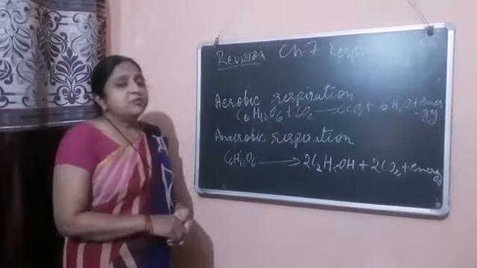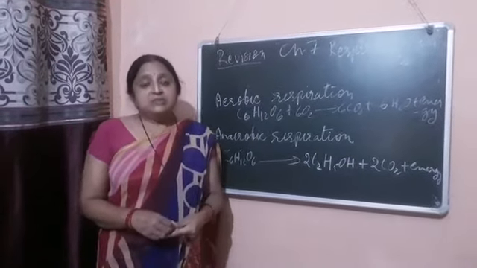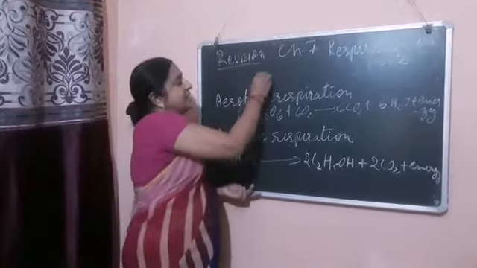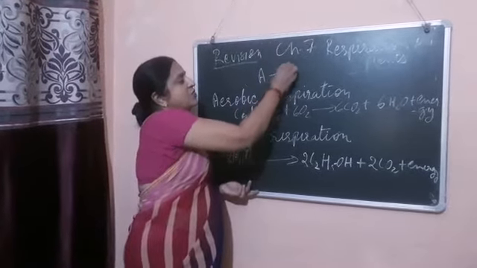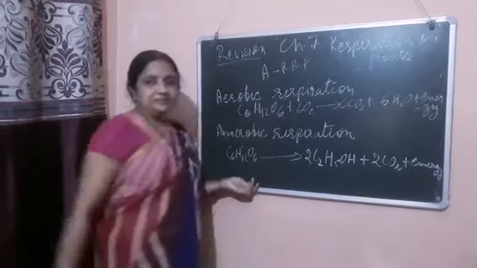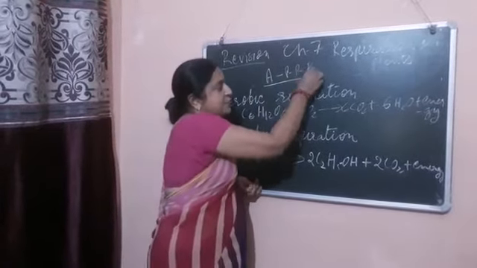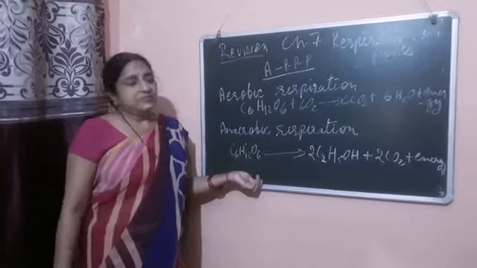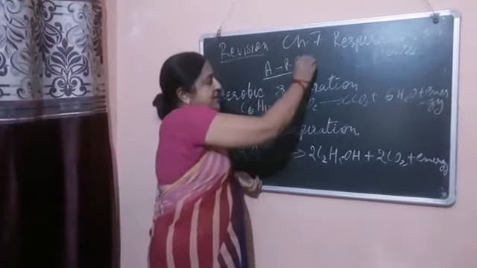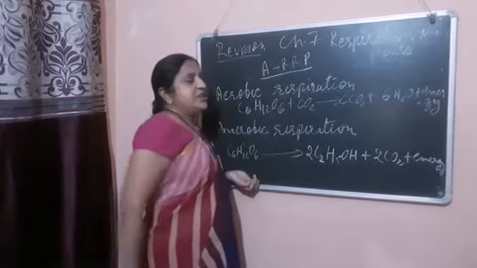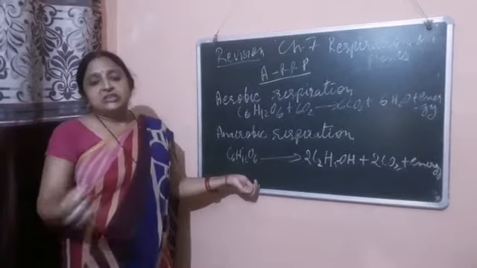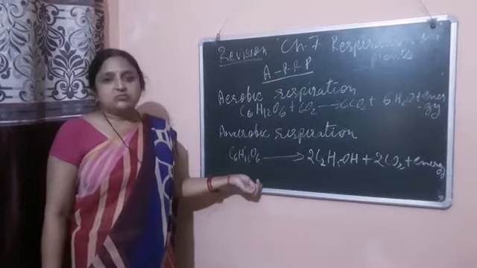ATP is adenosine triphosphate, meaning to the adenine, 3 molecules of phosphate are attached, and this is the very active form. This phosphate is very efficient for the glucose molecule.